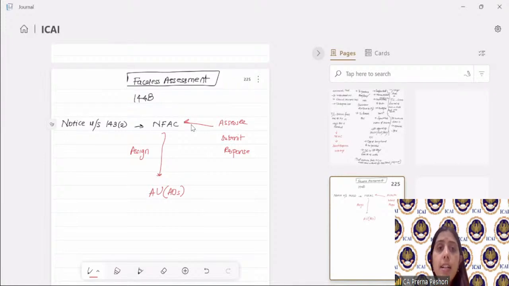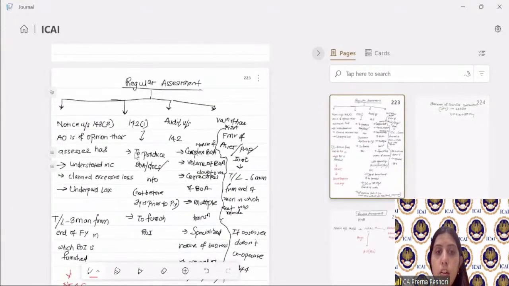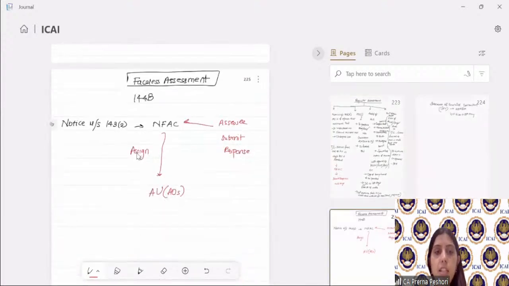Now, as I said, at this stage, at the assessment unit, if the AO feels that information is required from the assessee, books of accounts are required from the assessee, then in that case the AU may make a request to the NFAC.